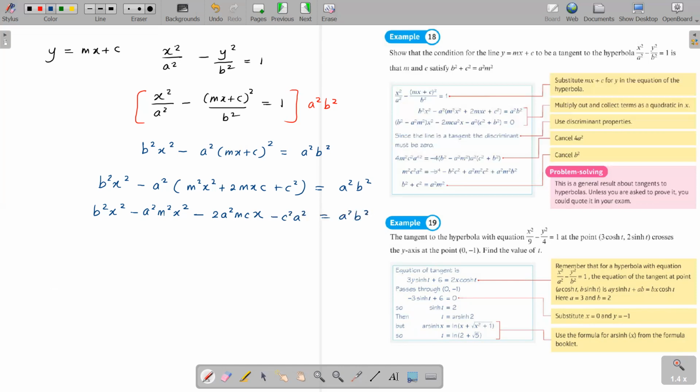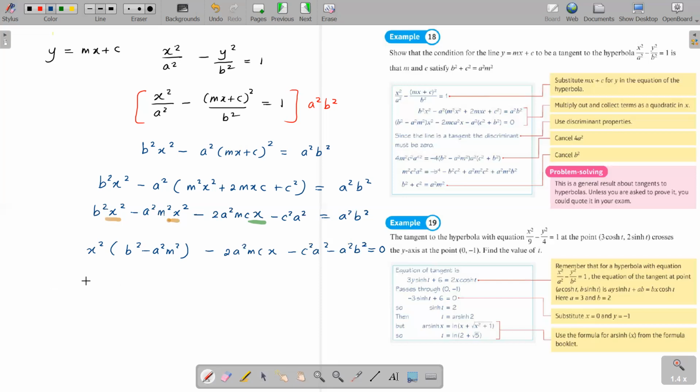Are you with me? So now I'll separate the terms, the x square terms on one side. So this is x square. This is the x term. Let me bring the x square out. I end up getting here (b square minus a square m square) x square minus 2a square mcx. I'll take these two guys here, minus c square a square minus a square b square equals 0. Do you agree with me? This is okay?